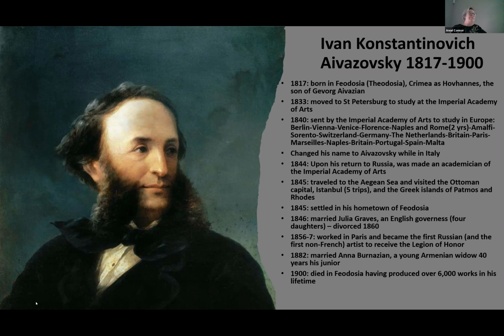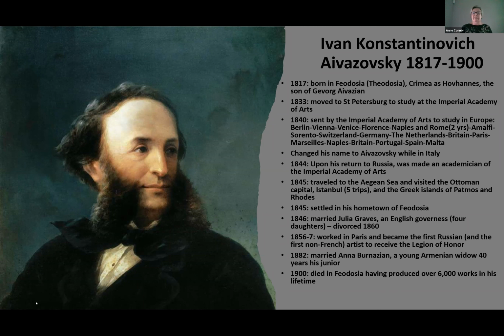We'll see that, he did 5 trips to Istanbul, and then the Greek islands of Patmos and Rhodes. Then he goes back in 1845, settles in his hometown of Feodosia, where he marries a year later Julia Graves, an English governess, with whom he has 4 daughters, and he will divorce in 1860.